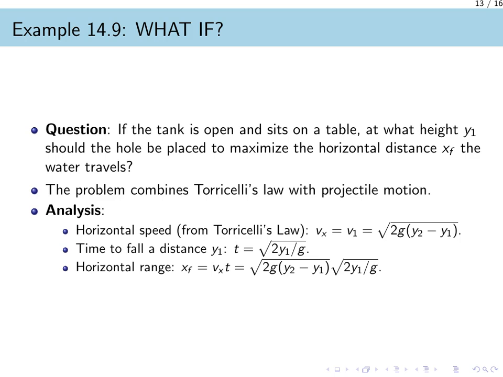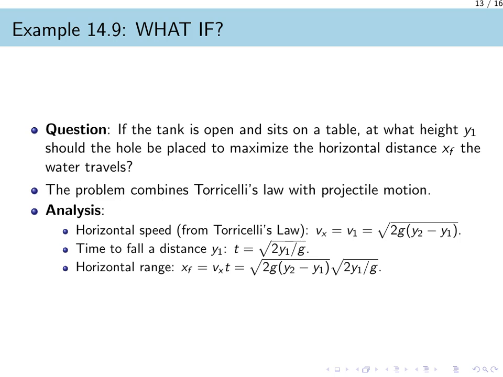So the velocity is the square root of the quantity 2 times g times the quantity y2 minus y1. Second, the time of flight depends only on the vertical distance the water falls, which is the height of the hole, y1. From kinematics, this time is the square root of the fraction 2 times y1 over g.